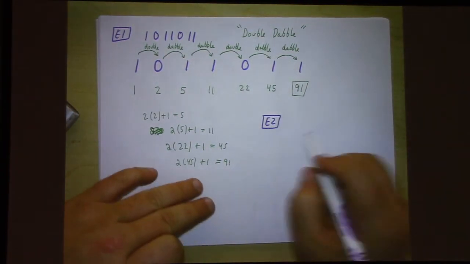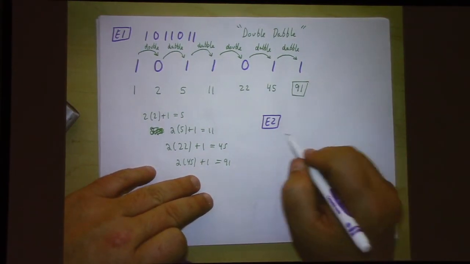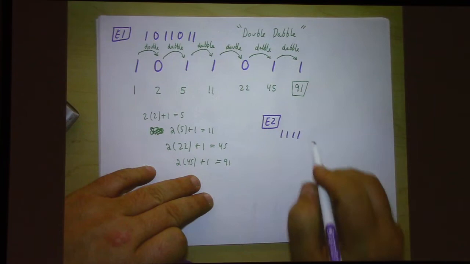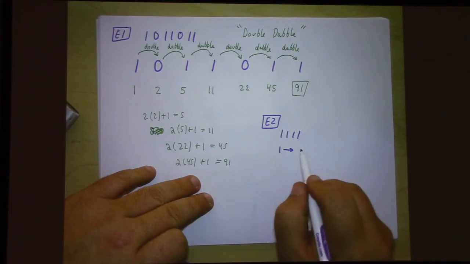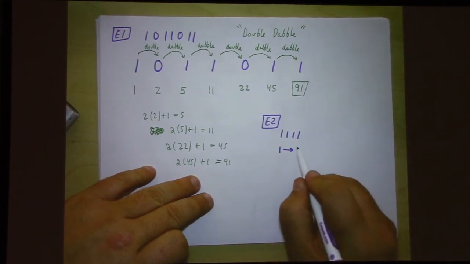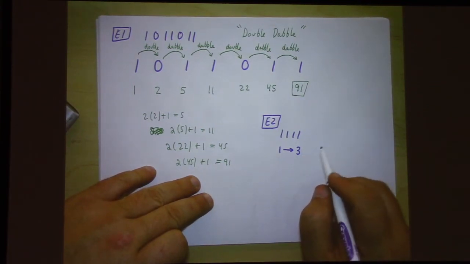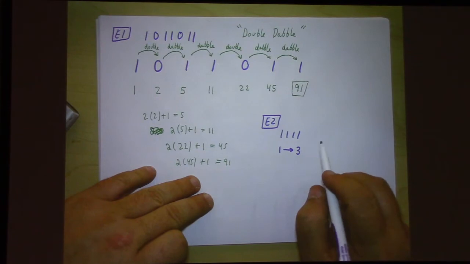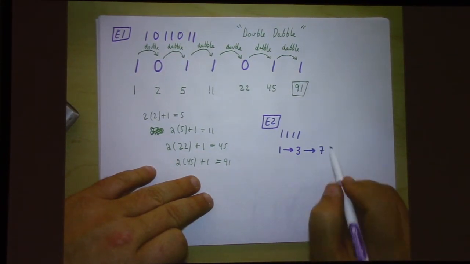Let me do all dabbles all the way down. Dabble, dabble, dabble, dabble. 1, 1, 1, 1. All right, so I start with 1. I double it, and I add 1, right? So 1 times 2 plus 1 is 3. Then I dabble again. 3 times 2 is 6, 6 plus 1 is 7, right?